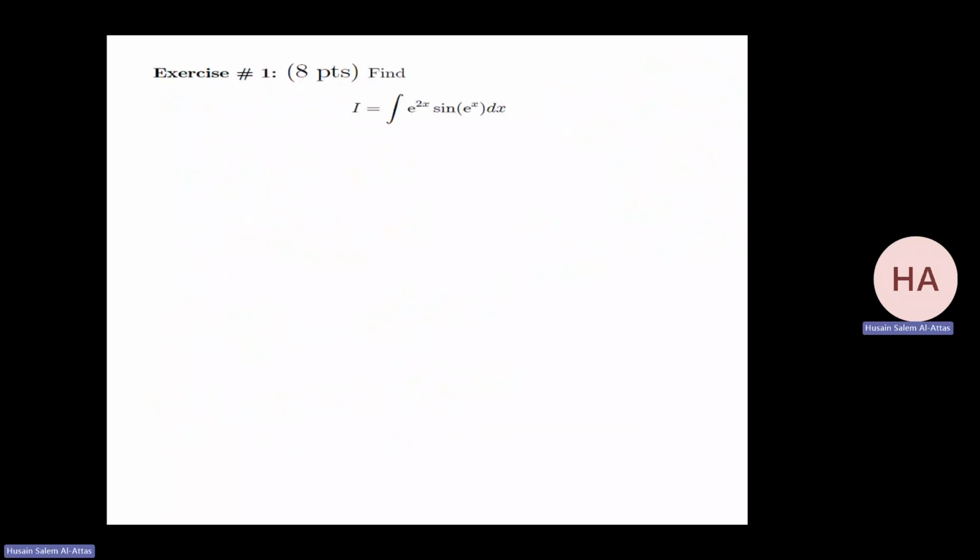Okay, I will not complete that. Now let w equal e to the power x. dw will be e to the x dx. So I have the integral of w square sine w dw.